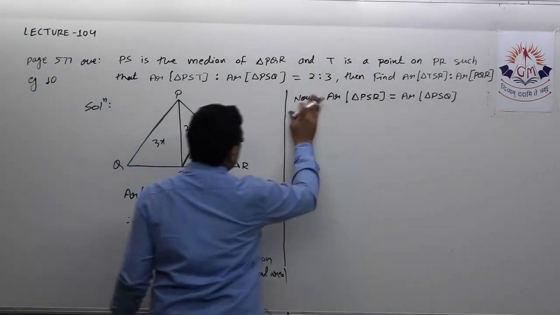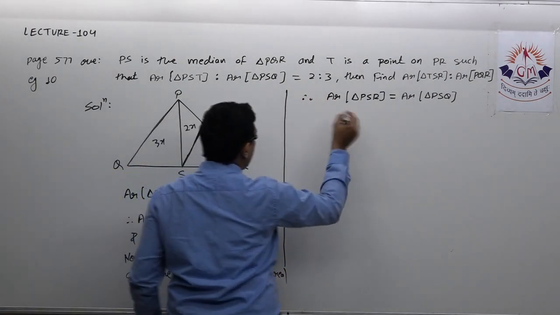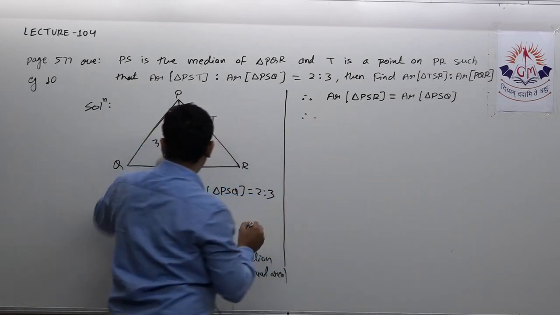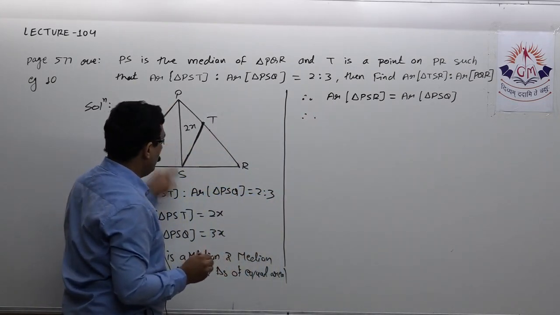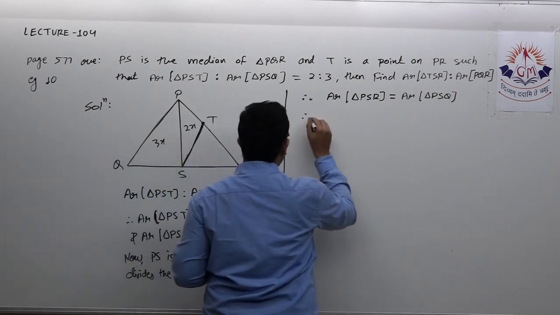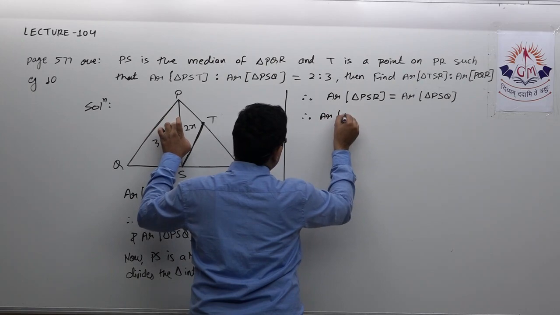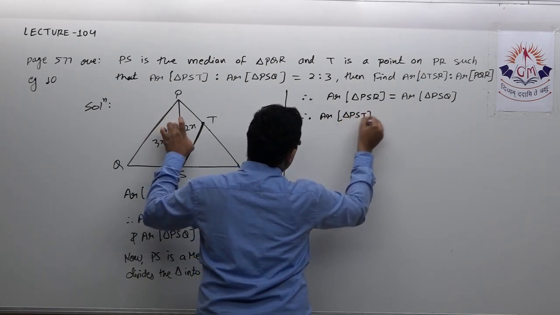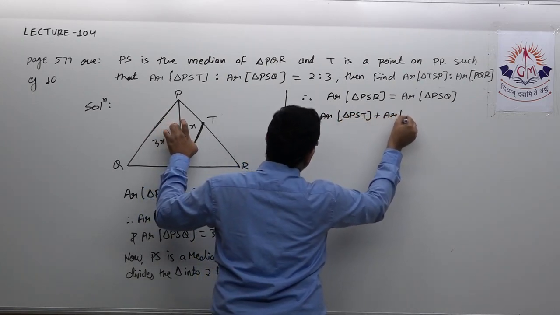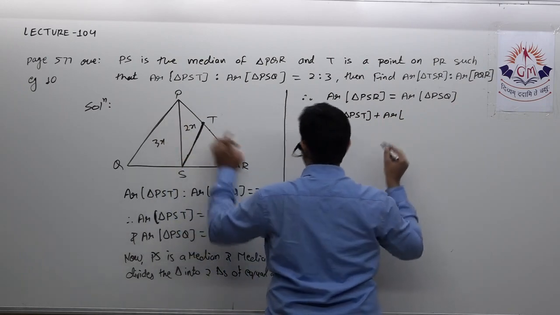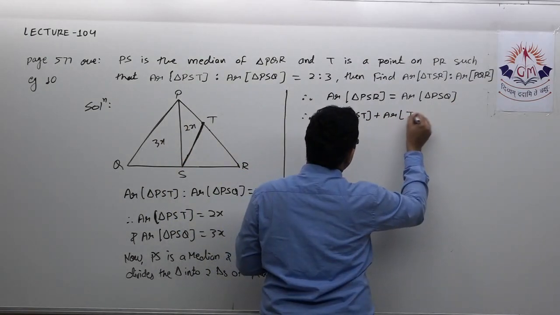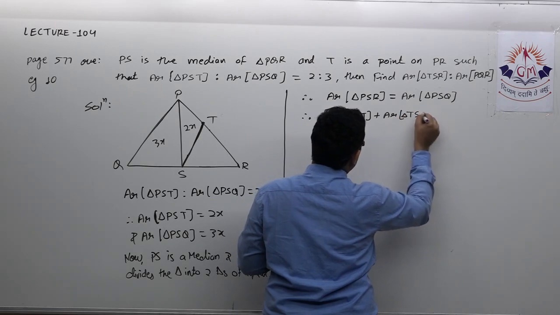Therefore, I can write area of triangle PSR is equal to PSQ. Now, instead of PSR, I can write area of triangle PST plus area of triangle STR, or TSR.